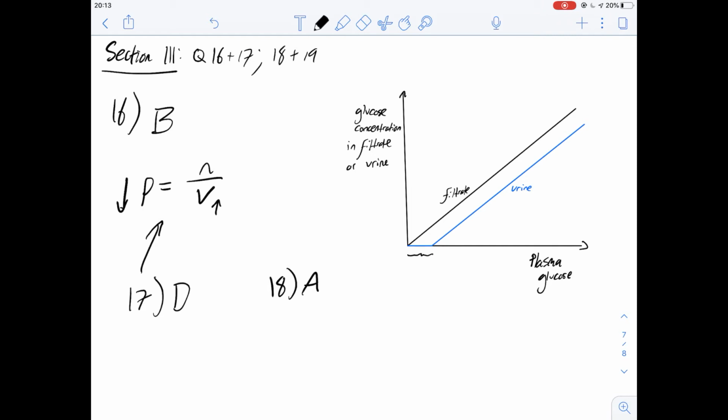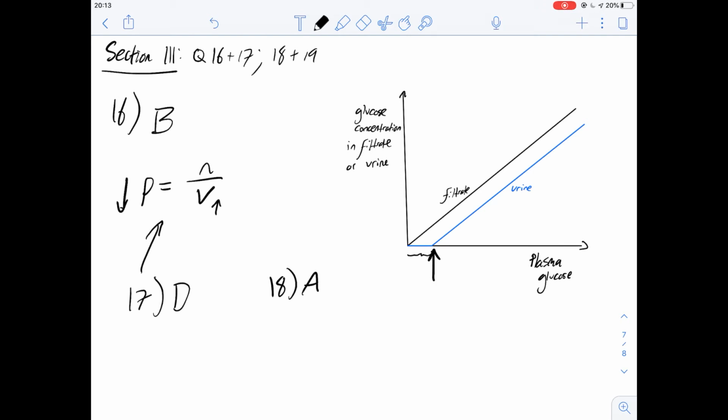If we look at 19, then it says figure 1 indicates that all glucose is absorbed from the filtrate above or below which level. And we can see that the level is quite clear here. I didn't copy out the scale because theirs is a lot clearer than I could draw it. You can see that it's going to be around 2.2 milligrams per milliliter, and we can see that it's all absorbed below that concentration.